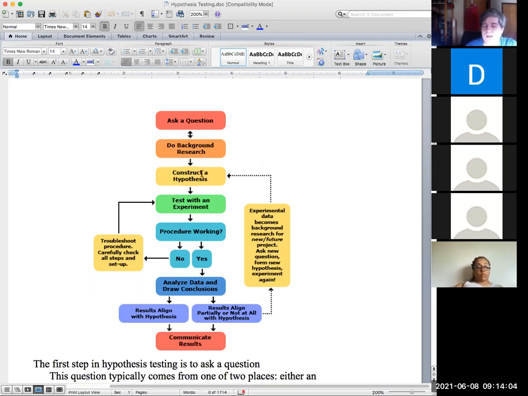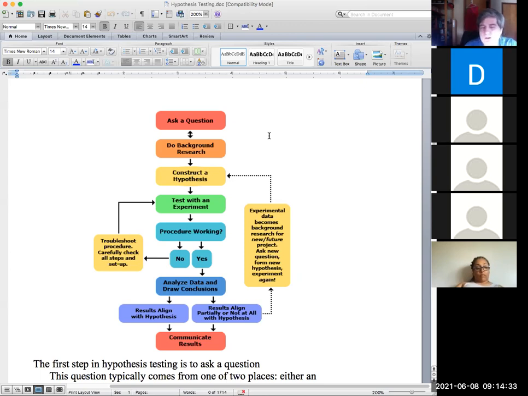So if we look at this yellow rectangle, now remember, this whole process is called hypothesis testing. And notice that this step is called construct a hypothesis. So you've observed something in nature, or maybe you've seen the results of an experiment that you did or somebody else did. You've done some background research and either nobody can explain what you've seen or you think the explanations are inadequate.